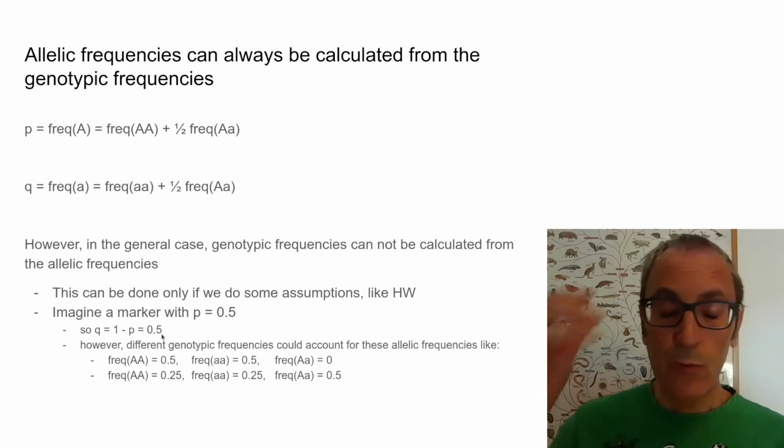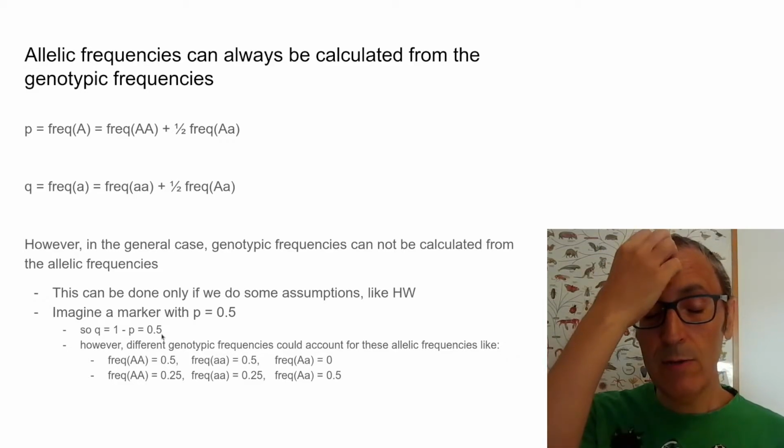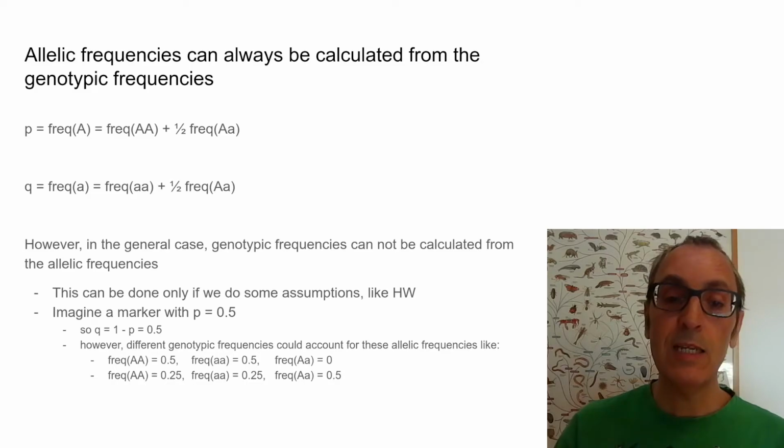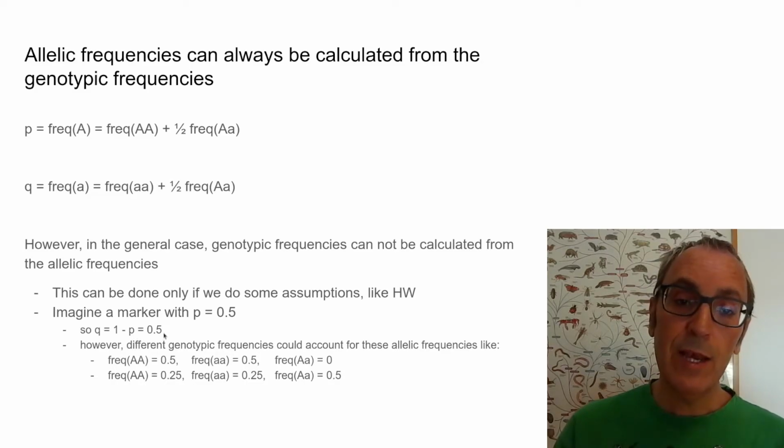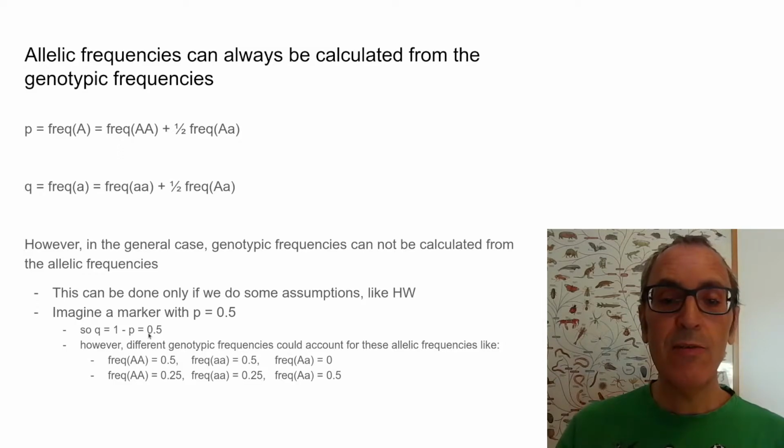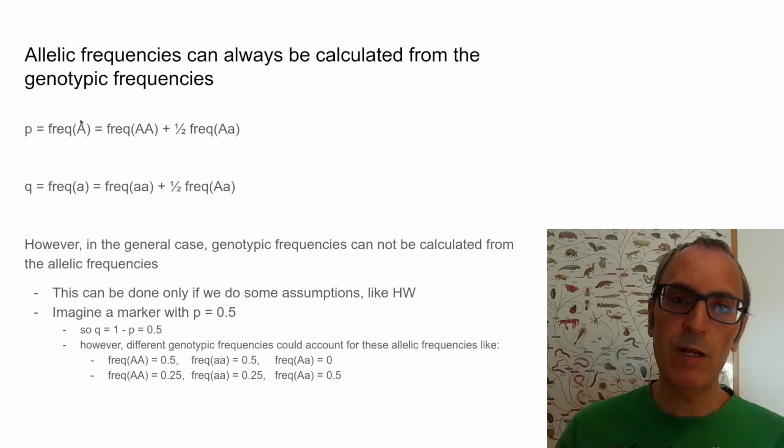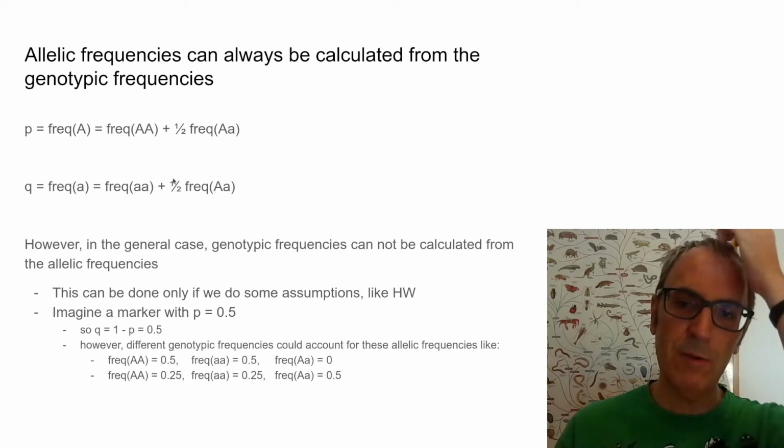So we have different possibilities for the genotypic frequencies, even if we fix the allelic frequencies. So in the general case, we cannot derive the genotypic frequencies from the allelic frequencies. We can always do it the other way around because it's trivial. Okay, we can always calculate the allelic frequencies from the genotypic ones.